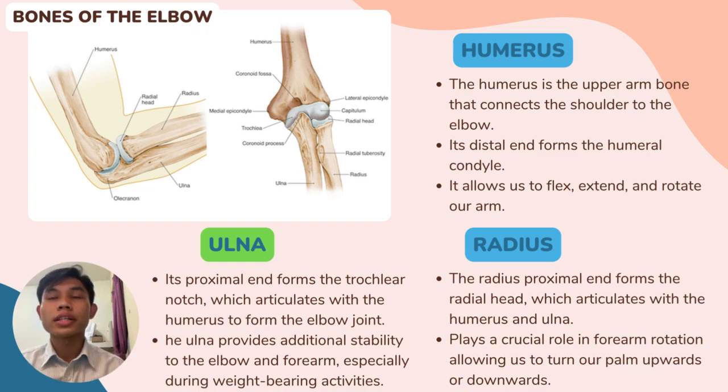And lastly, the ulna is the other forearm bone. Its proximal end forms the trochlear notch, which articulates with the humerus to form the elbow joint. The ulna provides additional stability to the elbow and forearm, especially during weight-bearing activities.